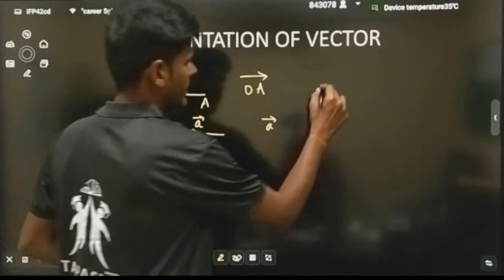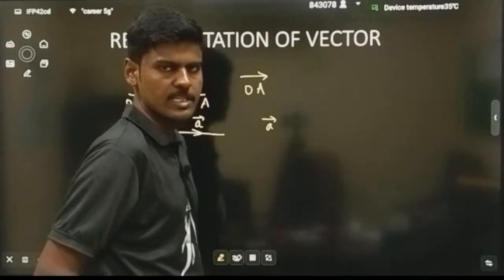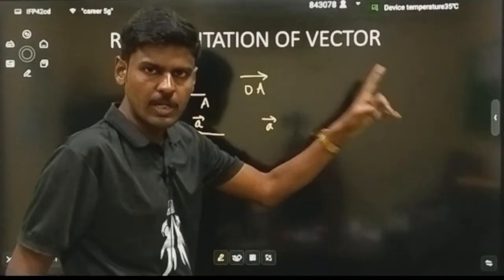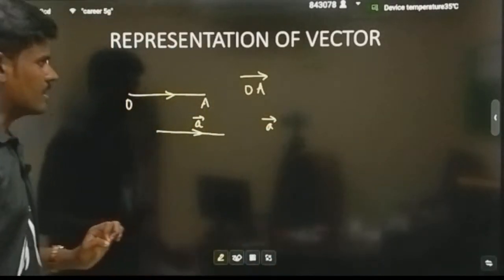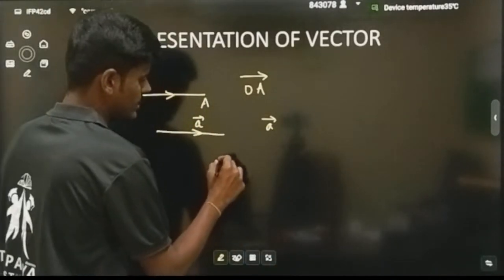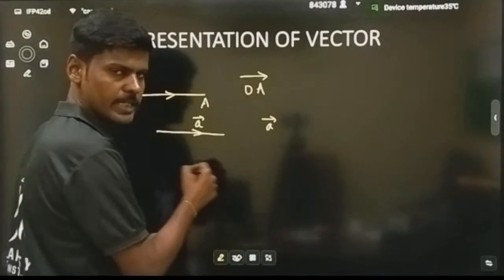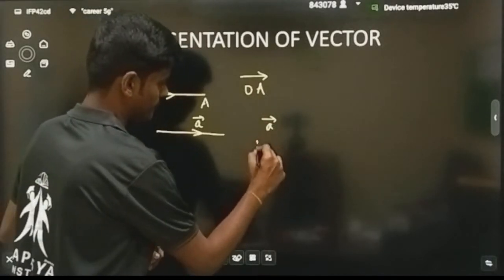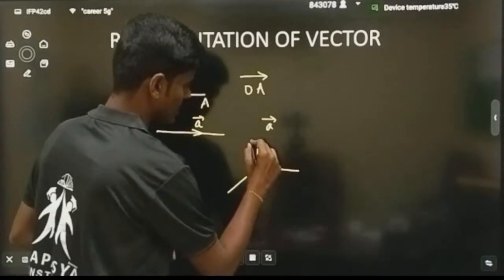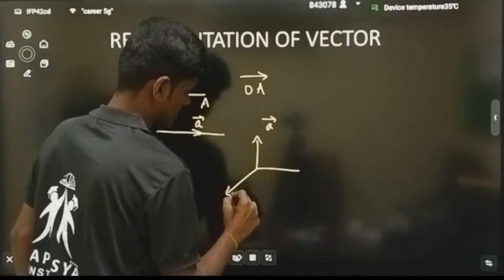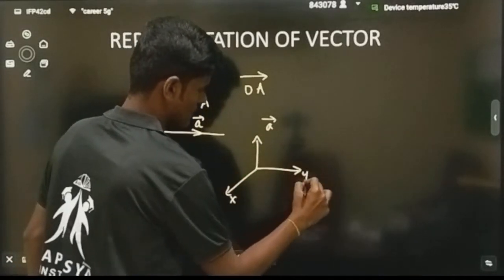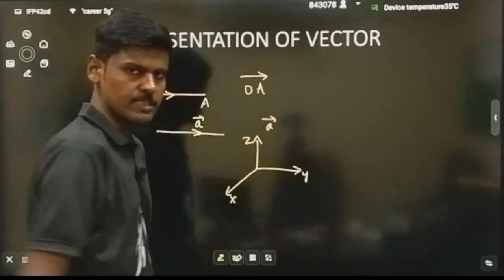Suppose we have a vector in 3-dimensional space. Then, with respect to components, we can represent the vector. Now, how do we represent a vector with respect to individual components? This is the x-axis, y-axis, z-axis.